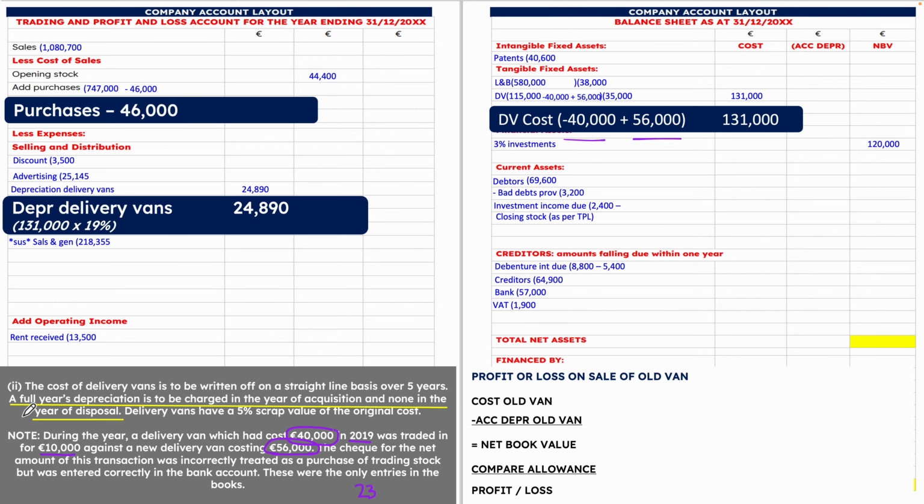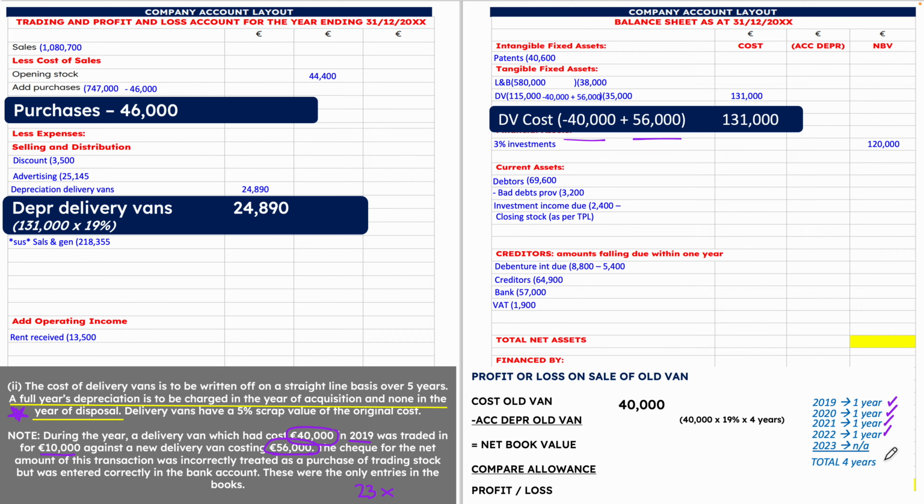We have to remember that a full year's depreciation is to be charged in the year of acquisition and none in the year of disposal. So we won't be doing any for 2023, but we'll be doing ones for every other year. So 2019, we've got a year, 2020 a year, 2021 a year, 2022 a year, none in 2023. So that's a total of 4 years.